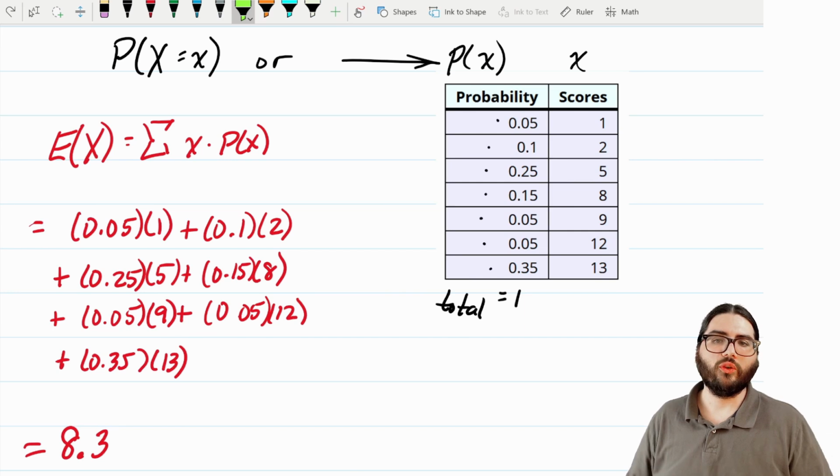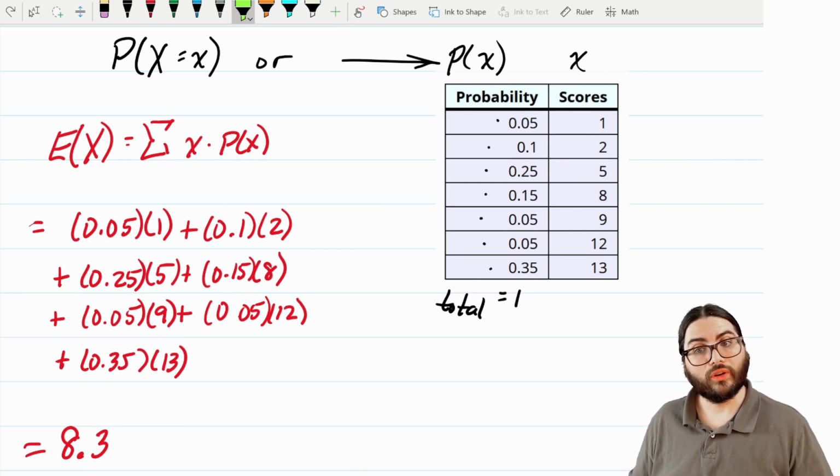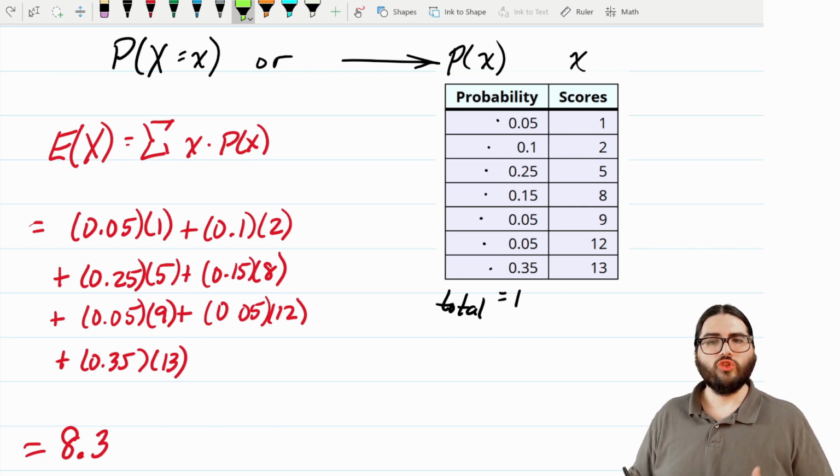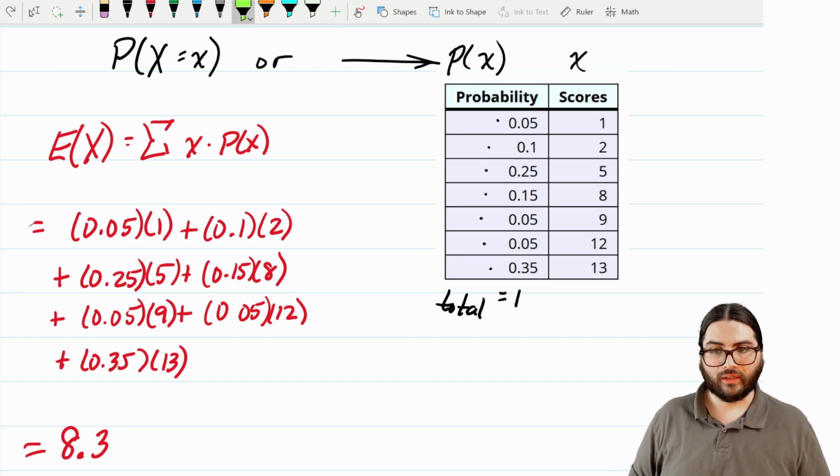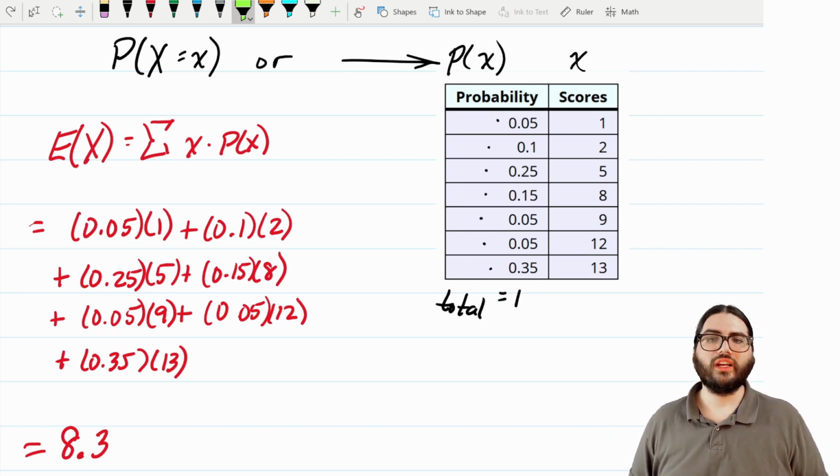The expected value is not one of the actual values that the random variable can give you. Rather, you can think of this as a long-term average value. If I kept track of all the different numbers that this random variable were to give me and averaged all of them, then if I did this a very large number of times, this is about the number I would expect to come out of that average.